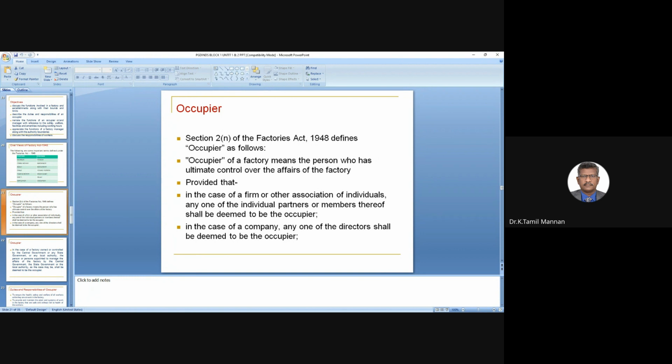In case of a company, one of the directors shall be deemed to be an occupier. Even if you have more directors in the company, one of the directors can be deemed to be the occupier. That the management has to decide.